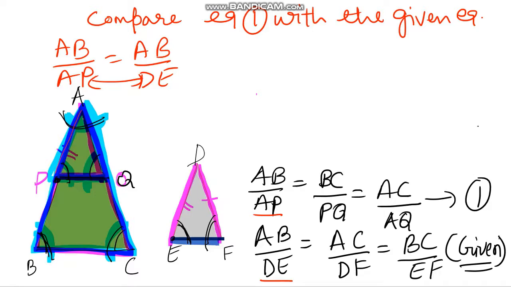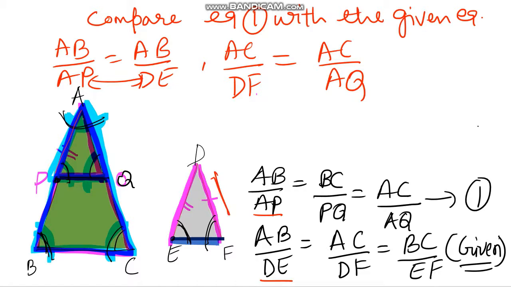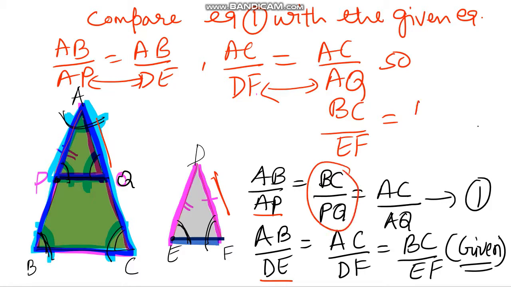Then AC by DF is equal to AC by AQ because DF was equal to AQ. So naturally BC by EF will be equal to BC by PQ.